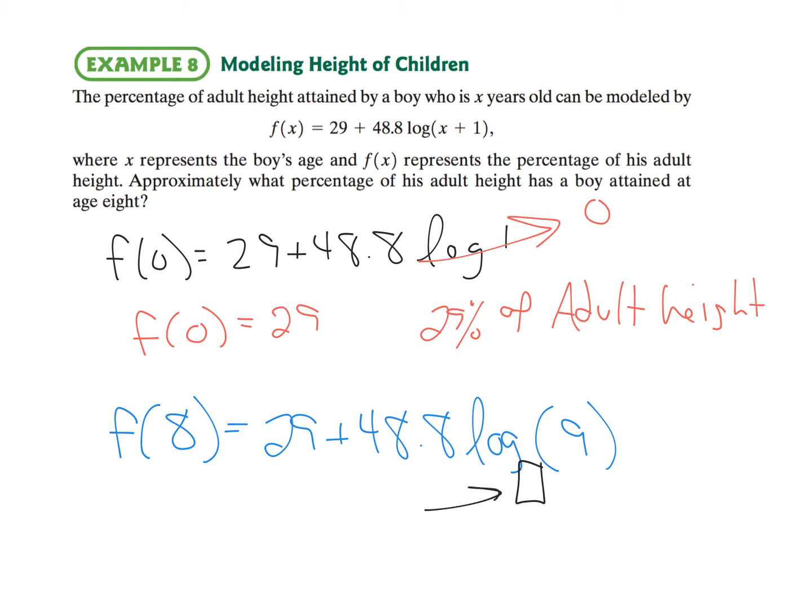So when it's blank, that means 10. Okay, so go ahead and plug that into your calculator with base 10 and figure out what f of 8 is. And go ahead and pause this, and then when you're done, we'll go on to the next slide.